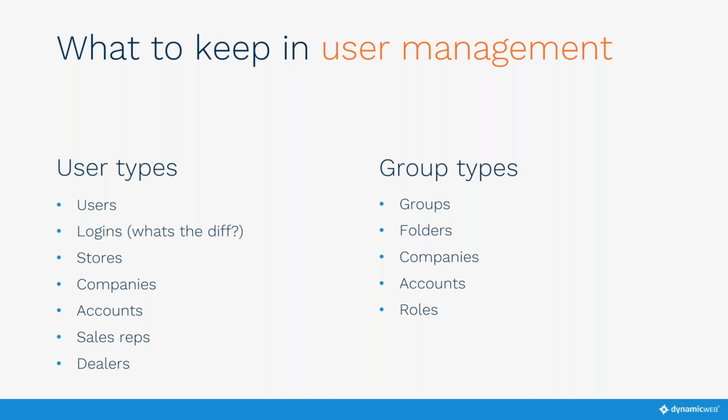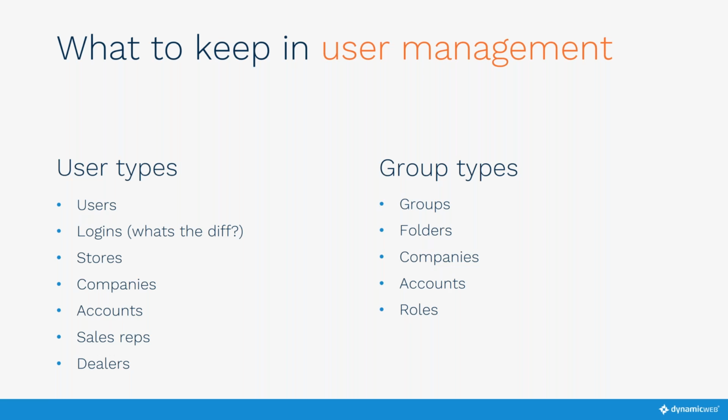But it could also be stores. If I have a retail chain, it could be all the stores in that one. It could be companies. In our situation as Dynamicweb, we have our partners and our customers in the user management system. It could be accounts, which is someone who cannot log in. It could be a company that has a number of logins that can impersonate one account and make orders based on their pricing scheme, stuff like that.